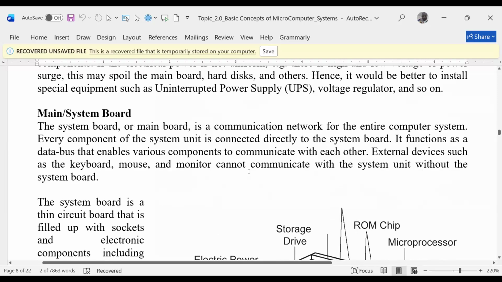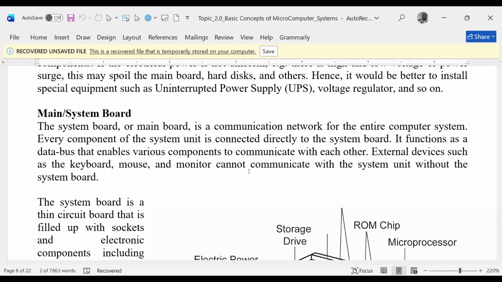So the main component in the system unit that houses other components is called the motherboard. Every component of the computer system is connected directly to the motherboard, your keyboard, your mouse, everything.